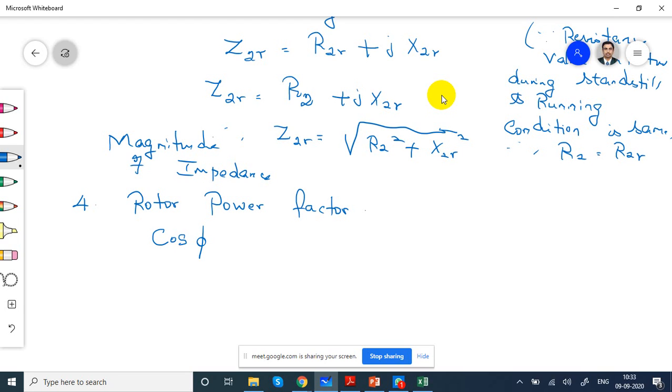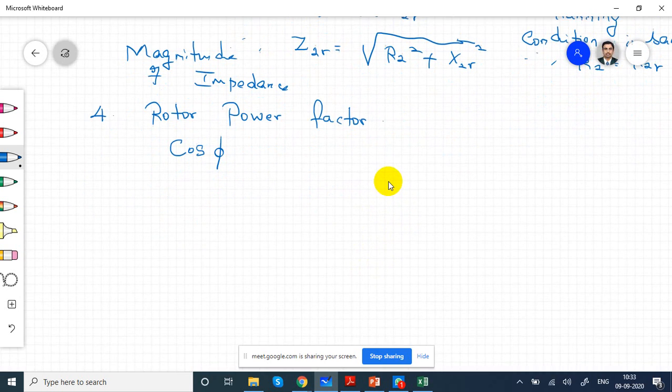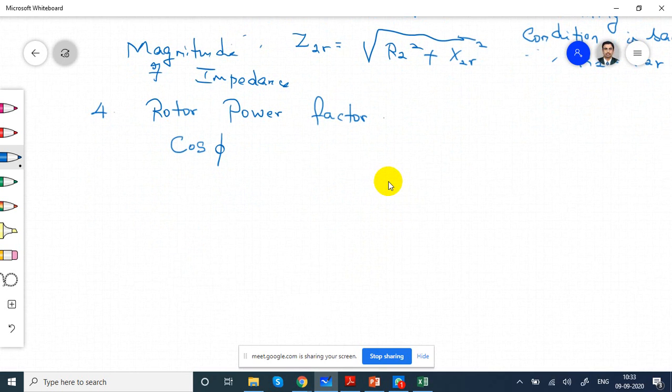Now by using this impedance, resistance and reactance, we are going to calculate the power factor. Before going to the calculation of power factor, we have to draw an impedance triangle.